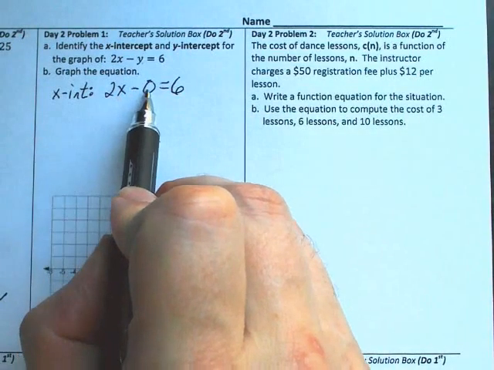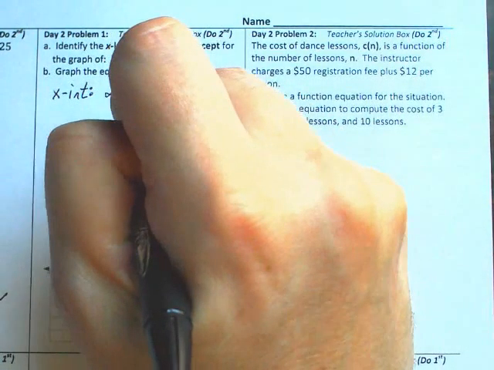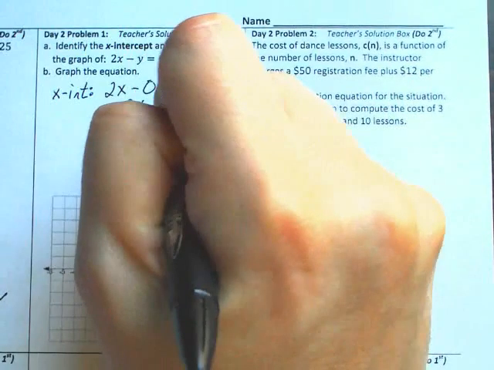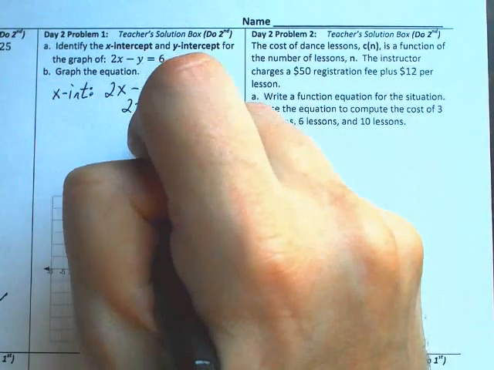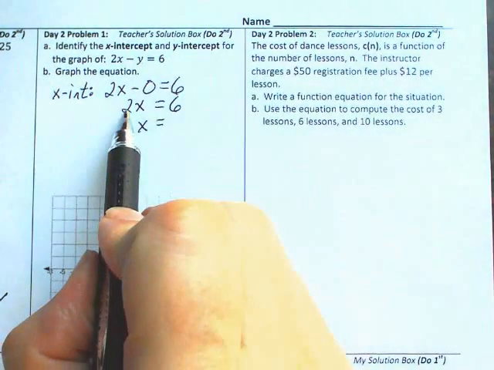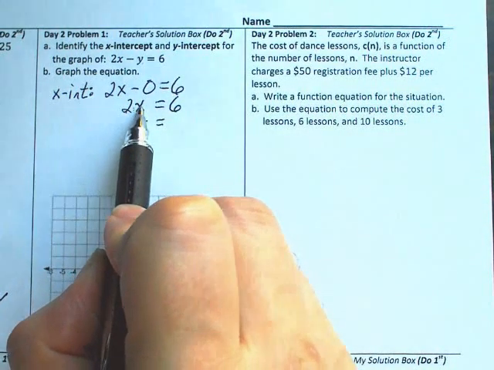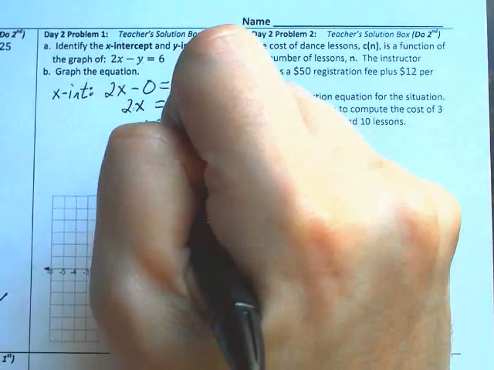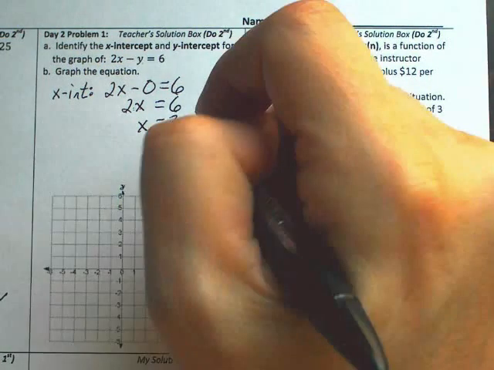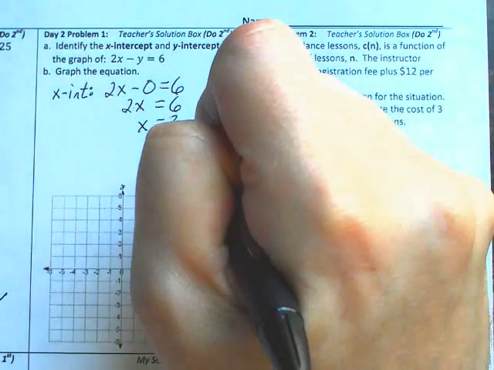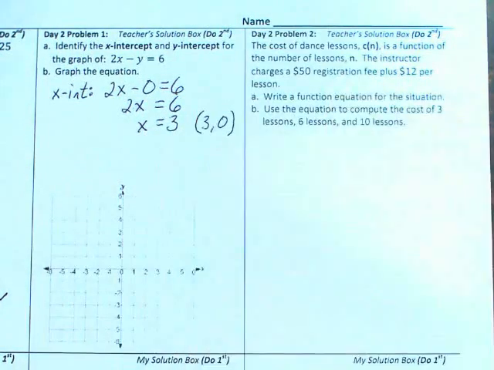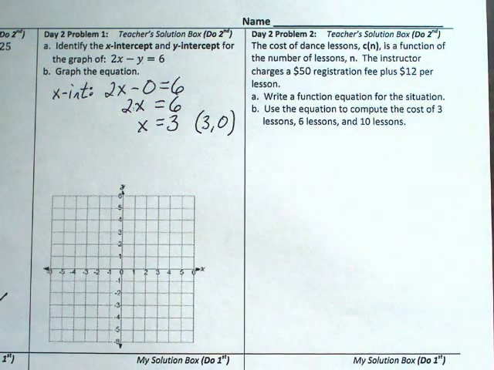Now 2x subtract 0 is just 2x, that is equal to 6, and we can solve this for x. 2 times x is equal to 6. How about 2 times 3 equals 6? So x is 3. As an ordered pair, that can be written as (3, 0), and that is the x-intercept.